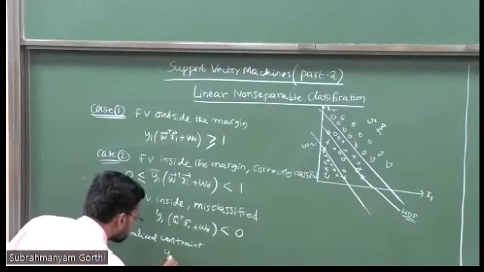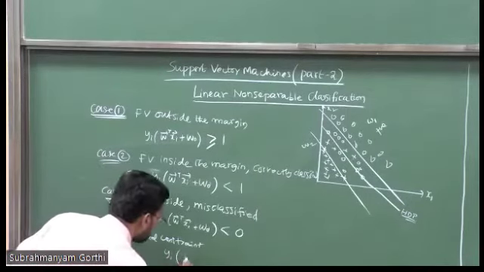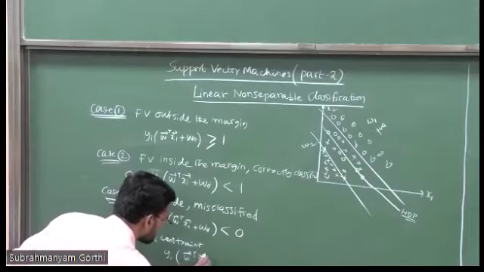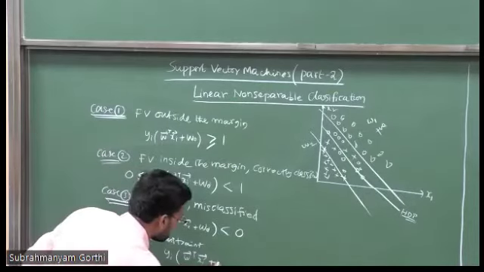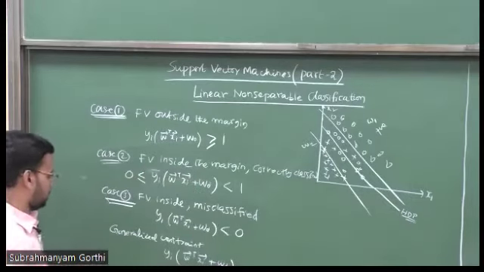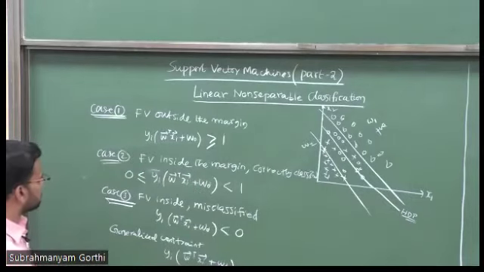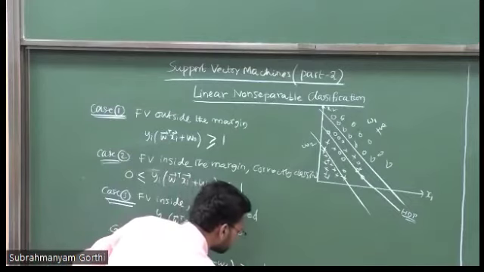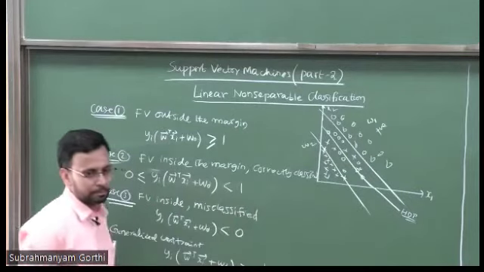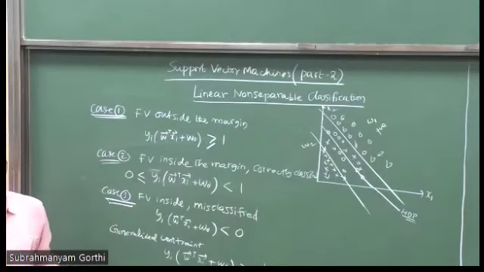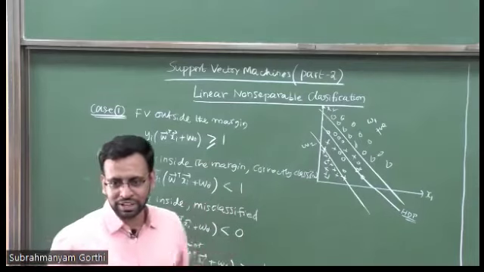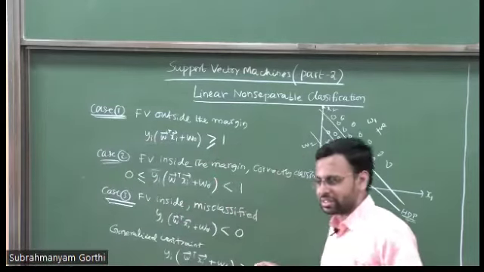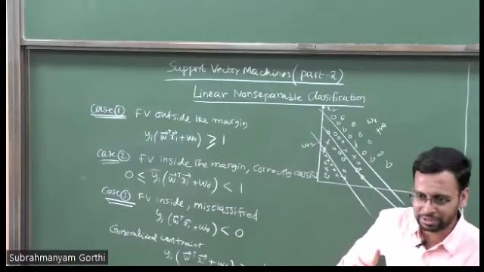yi into w bar transpose times xi bar plus w naught should be greater than or equal to 1 minus epsilon subscript I. To deal with 3 different constraints, I have no other choice than to incorporate some other variable here.